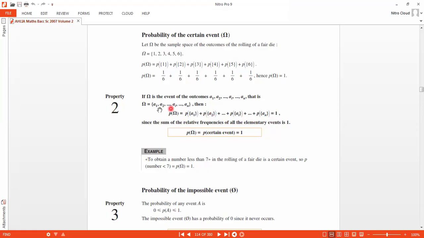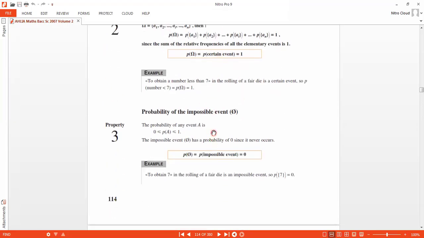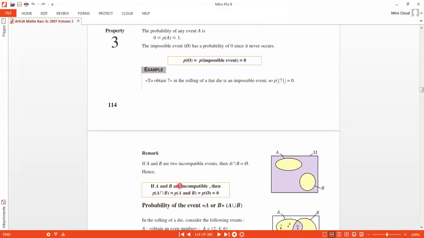But the opposite of the sample space is the impossible event. Suppose we have a fair die, and I ask you what's the probability to obtain number 7? It's impossible to have number 7. So the probability of this event is 0 because it's the empty set. And we already explained the meaning of an intersection.